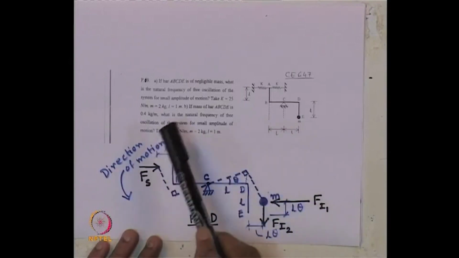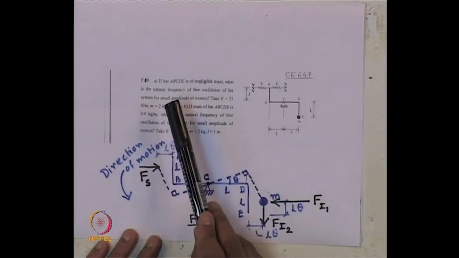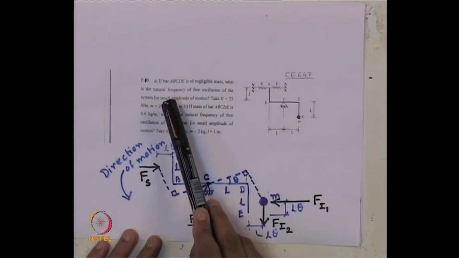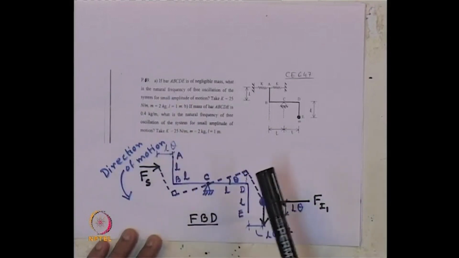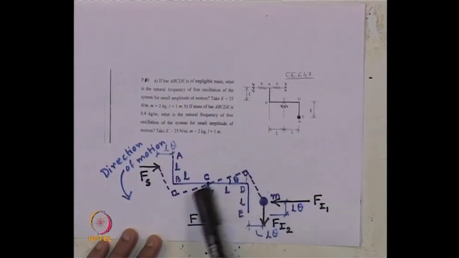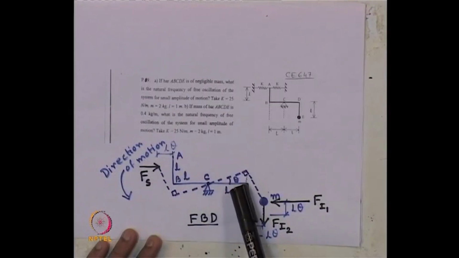It is the same problem we solved in part A, the only difference being that now we have to consider the mass of this bent rod. What does it mean? We also have to consider the moment of inertia of the bent rod.